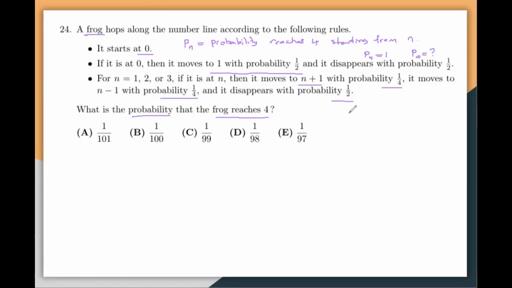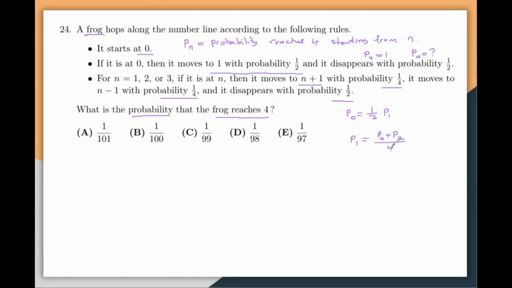The first thing I will say, P of 0. When we are at 0, there's a 1/2 probability that we move to 1, and a 1/2 probability we just disappear. So I'm going to say 1/2 times P1, right? Then for the other numbers 1, 2, or 3, for P1, there's a 1/4 probability we can move to the next one, and 1/4 probability we can move to the previous one. So which is basically 1/4 of P0 plus P2.